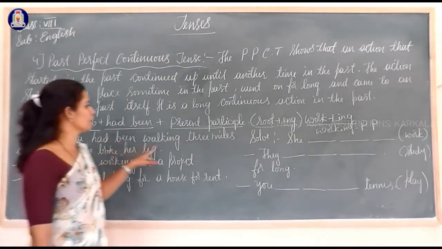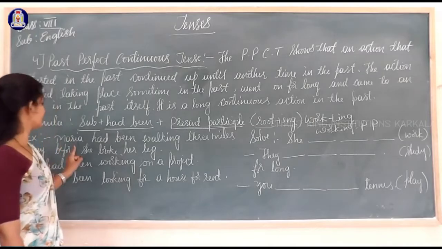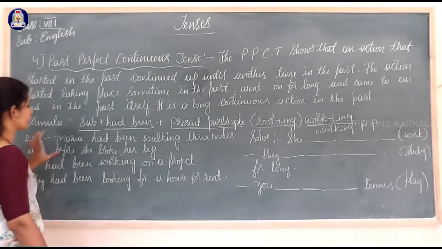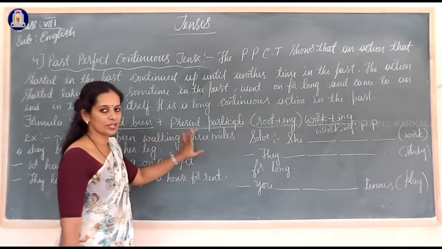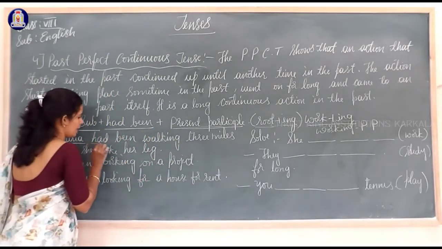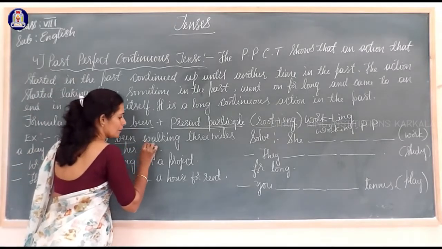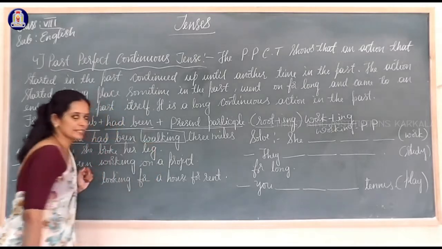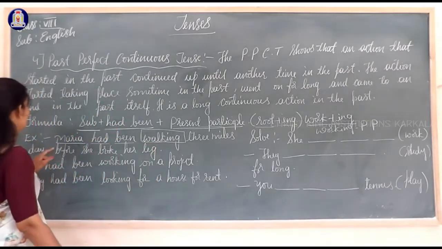Maria had been walking 3 miles a day before she broke her leg. It shows the long continuous action here. Okay. Maria is the subject. Had been plus base verb plus ing forms the present participle. Okay.